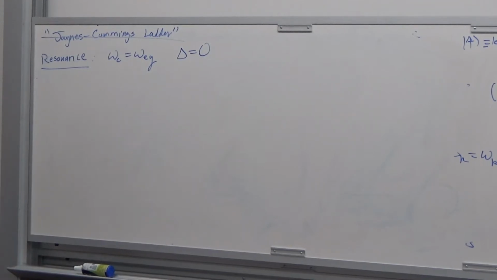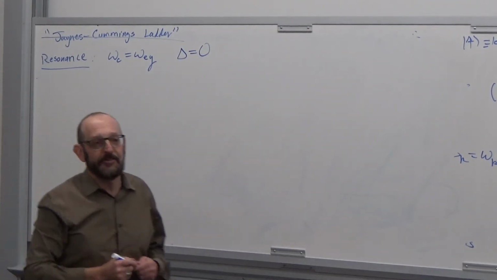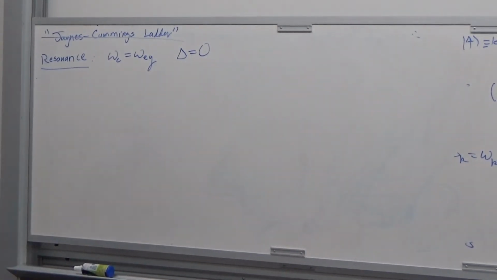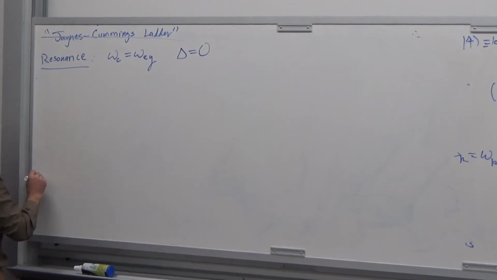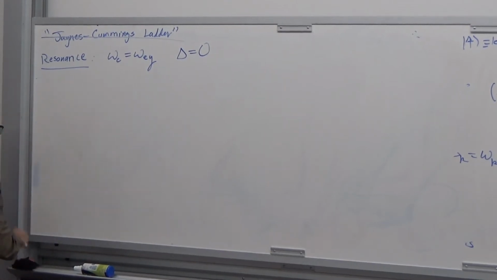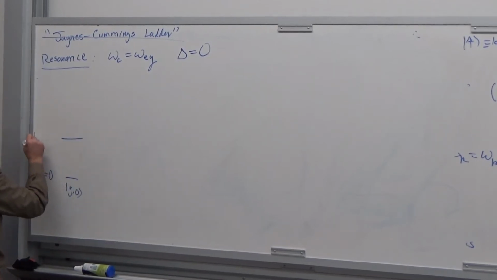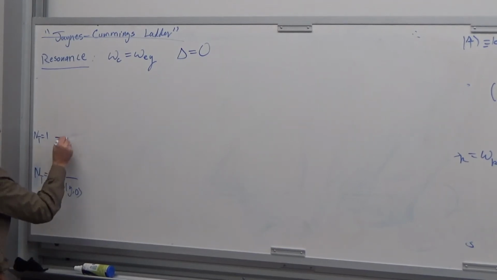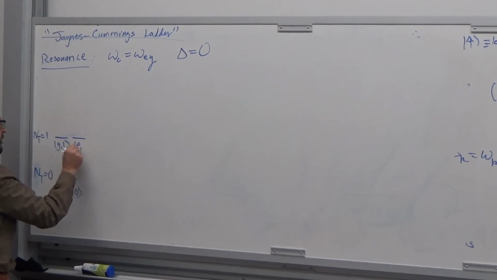So let's first draw an energy level diagram for the bare states before we added the interaction. Before we added the interaction, I could have n equal to 0, or 1, or 2, etc. I could have one excitation, and there were two energy levels here that, in this case, for the bare states, are degenerate.